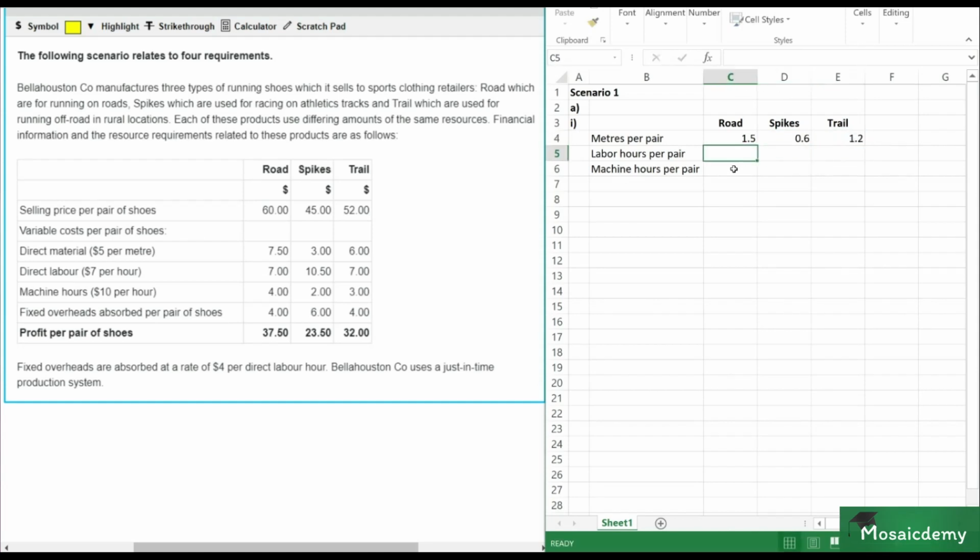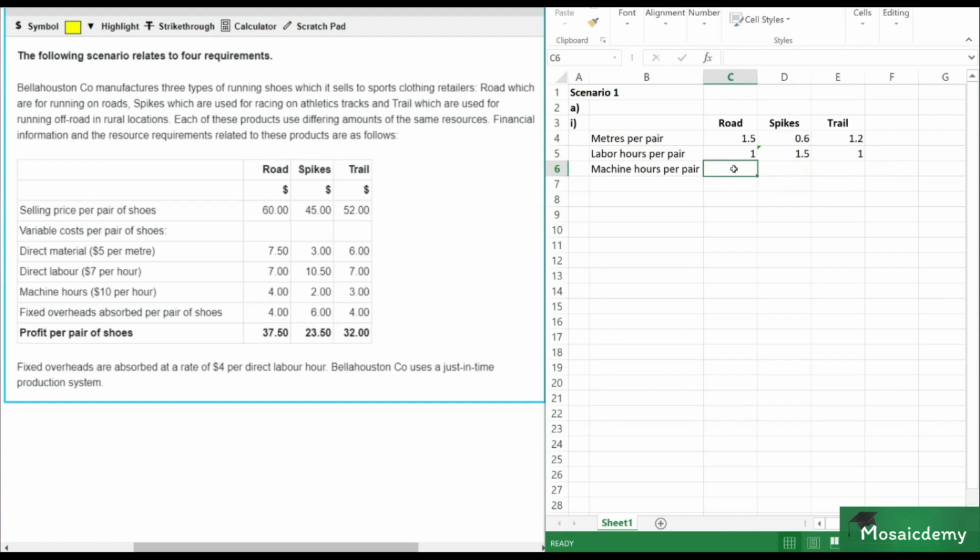After that, for labor hours, $7 per hour, and for one pair it's $7 for road, so it's basically 1 hour, 7/7. Same logic here, it will be 10.5/7, which will give us 1.5. And for the trail, again it's 7/7, which gives us 1.